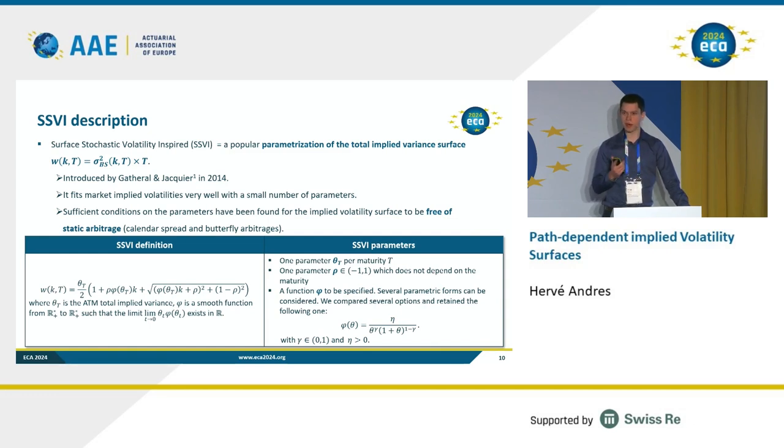You have one parameter theta_t per maturity t modeled, one parameter rho that lies between -1 and 1 and is basically independent from the maturity, and then you need to specify a function phi that has some regularity. We took the following one, a kind of power law function that depends on two parameters, eta and gamma.